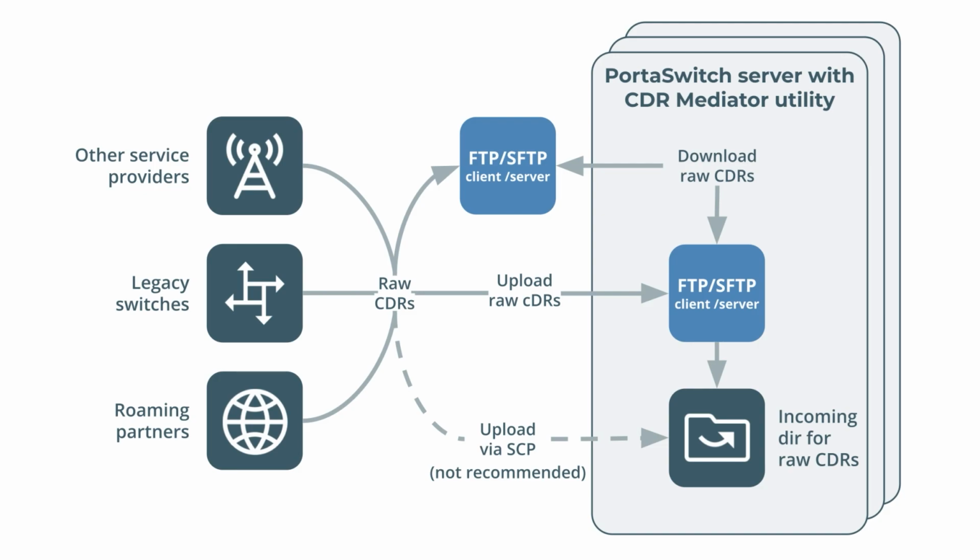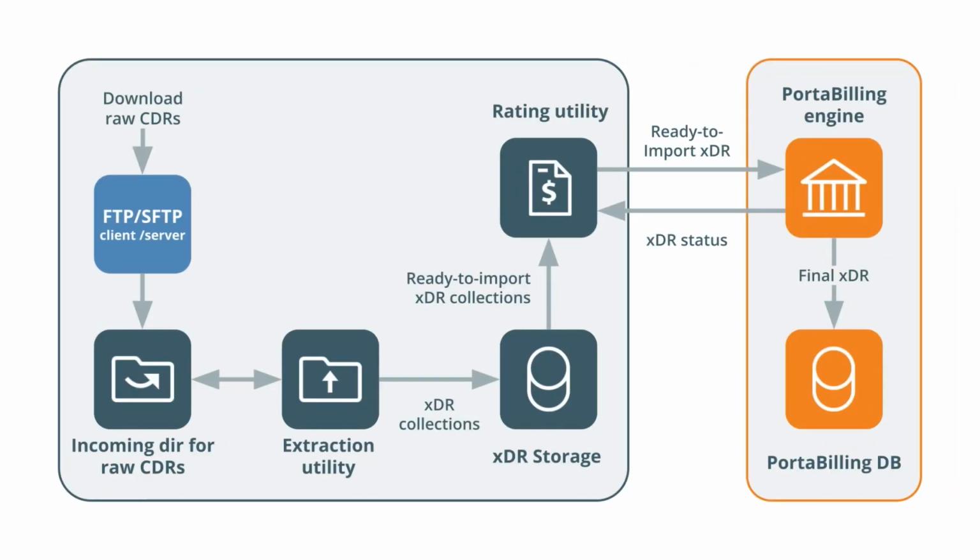When a source file with these xDRs appears in the incoming folder, the xDR Mediator will process the file. In other words, it will parse the xDR data and apply the custom transformation rules that you have set to make sure the data is converted correctly. Then, the xDR Mediator will arrange the xDRs from one or several files into collections, or batches of xDRs.